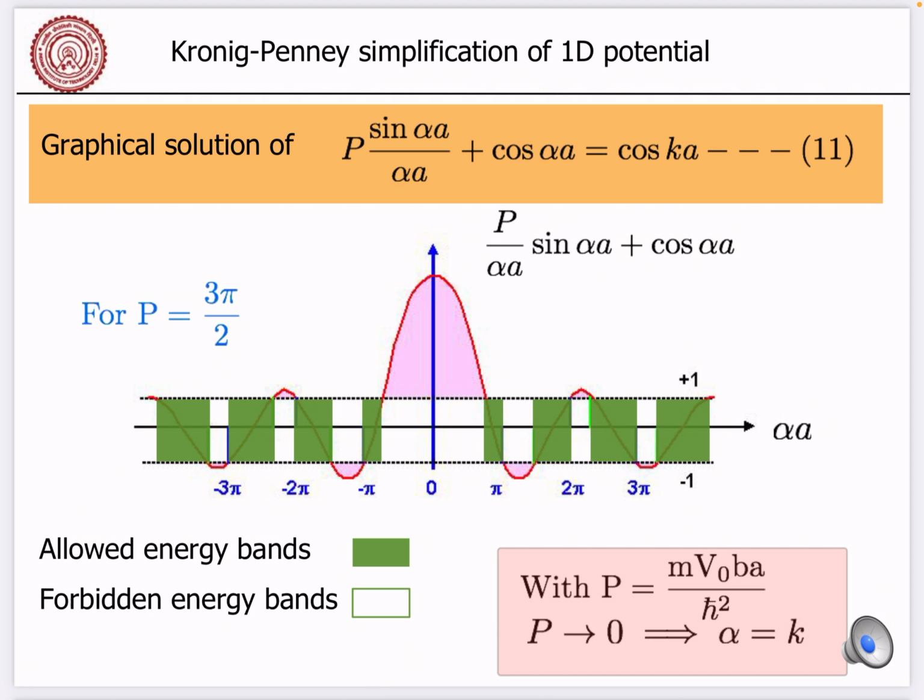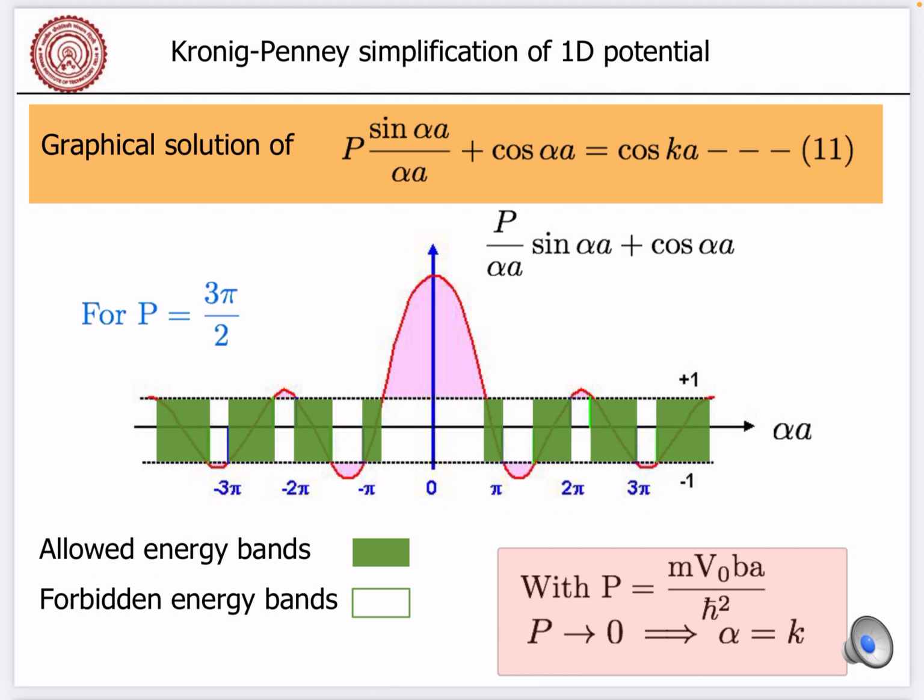They plotted this function, P sin alpha A by alpha A plus cos alpha A, which is an oscillatory function, as you see. Please focus on the red curve here. I am talking about the red curve, which is the left hand side function, an oscillatory function.